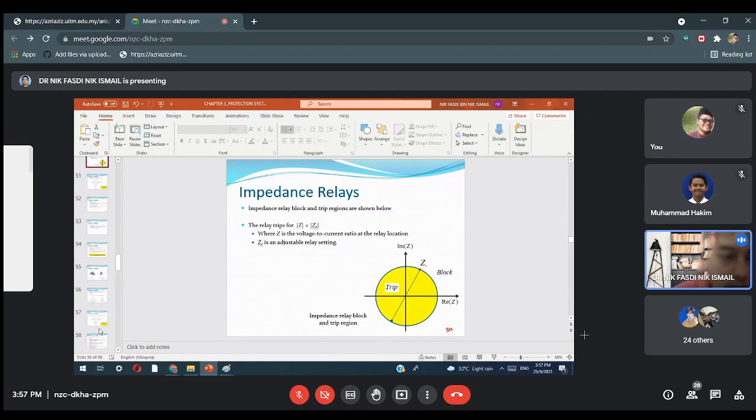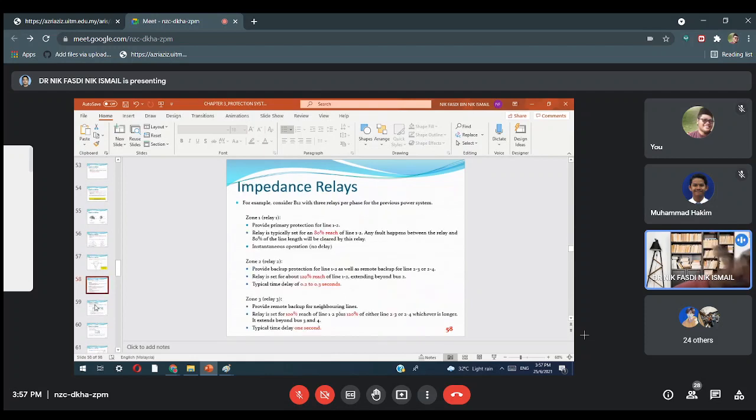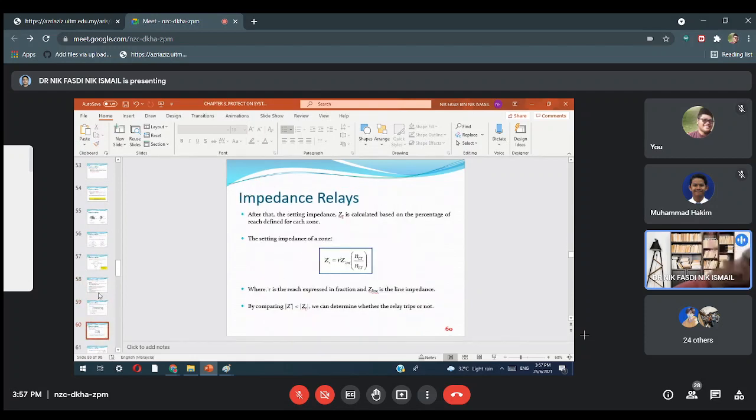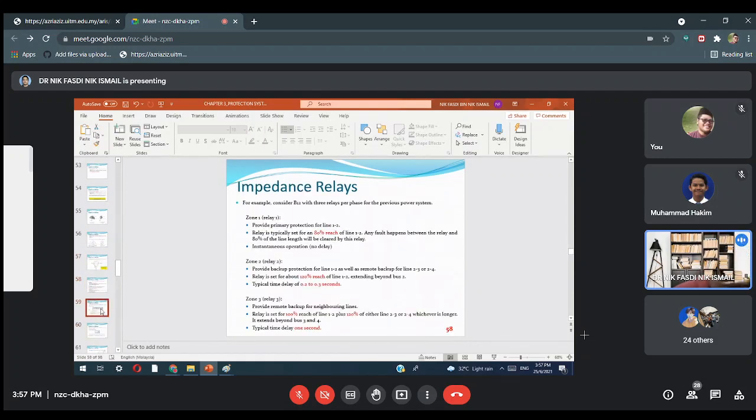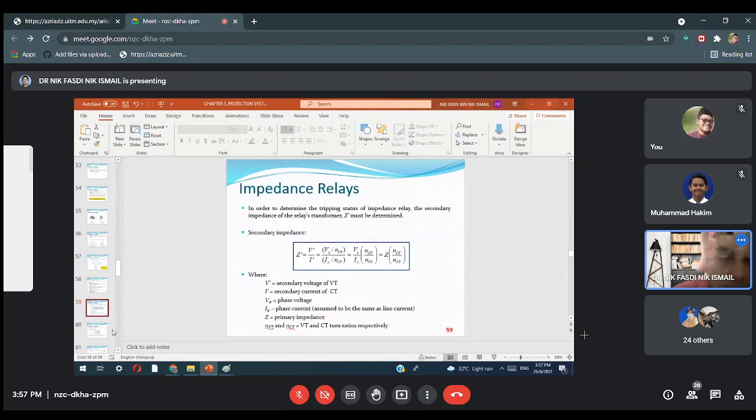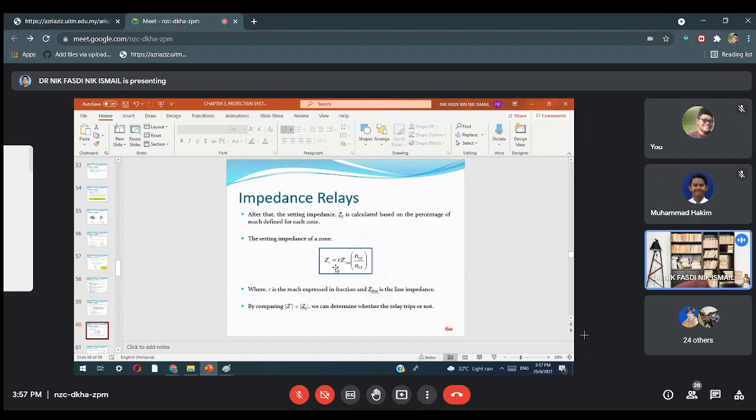So these are the steps you will do later on. Okay. First, determine the impedance Z prime using this formula. And second, by using this formula, you determine the ZR. Okay, by comparing Z prime less than ZR, we can determine whether the relay trips or not.